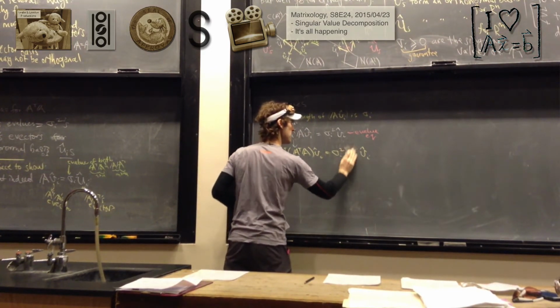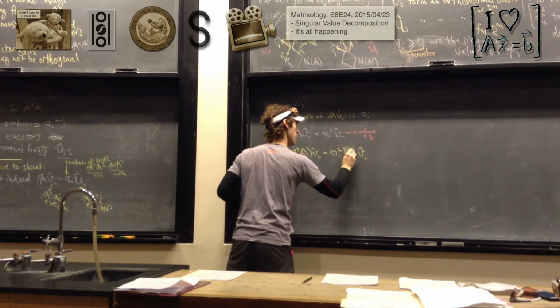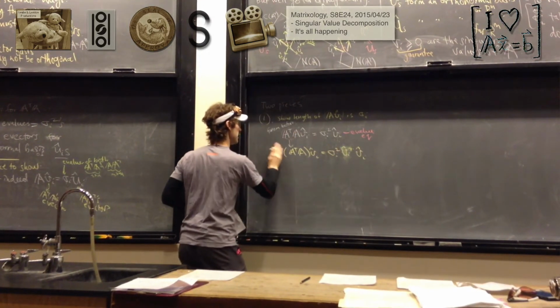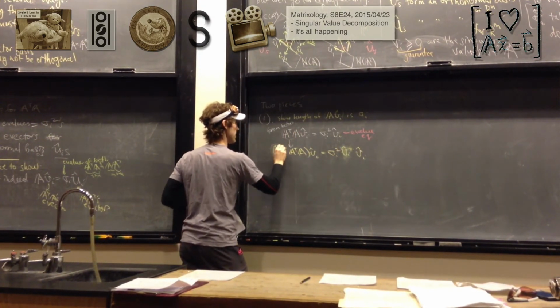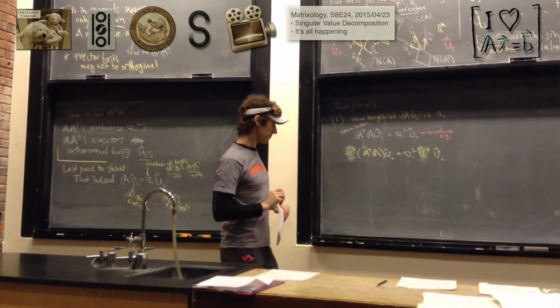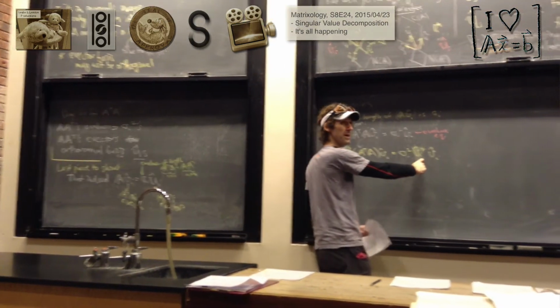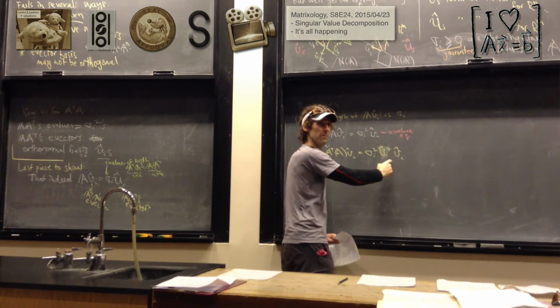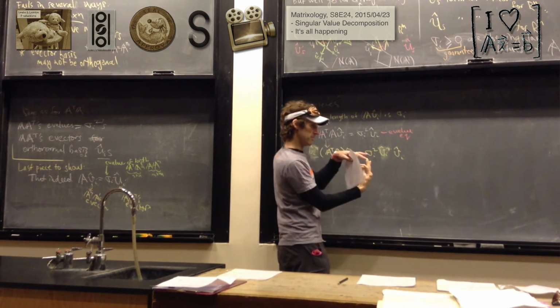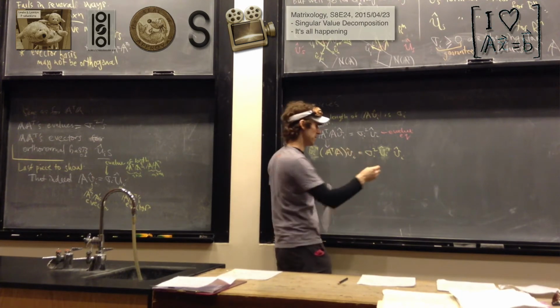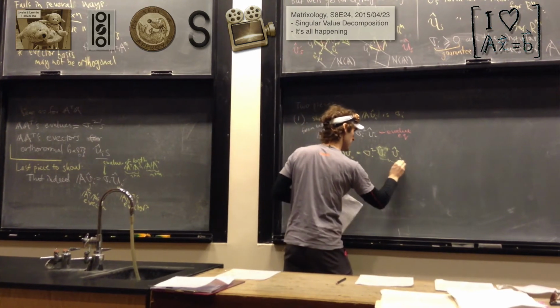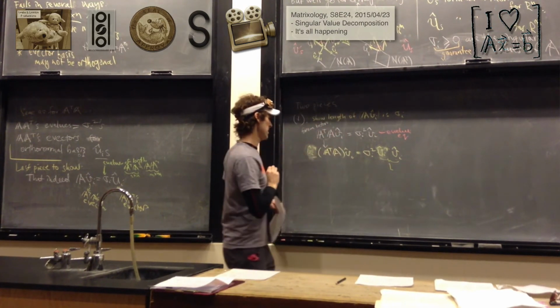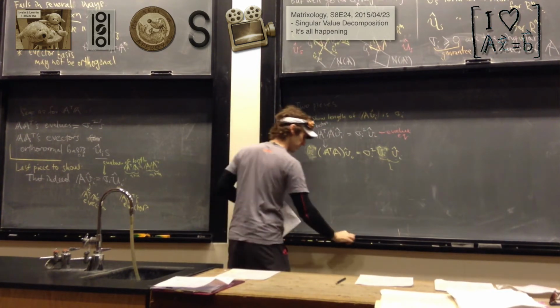So we're bringing this one in, VI transpose. What's VI transpose times VI, the unit vectors? It's 1, right? It's I and I, so this is just 1.